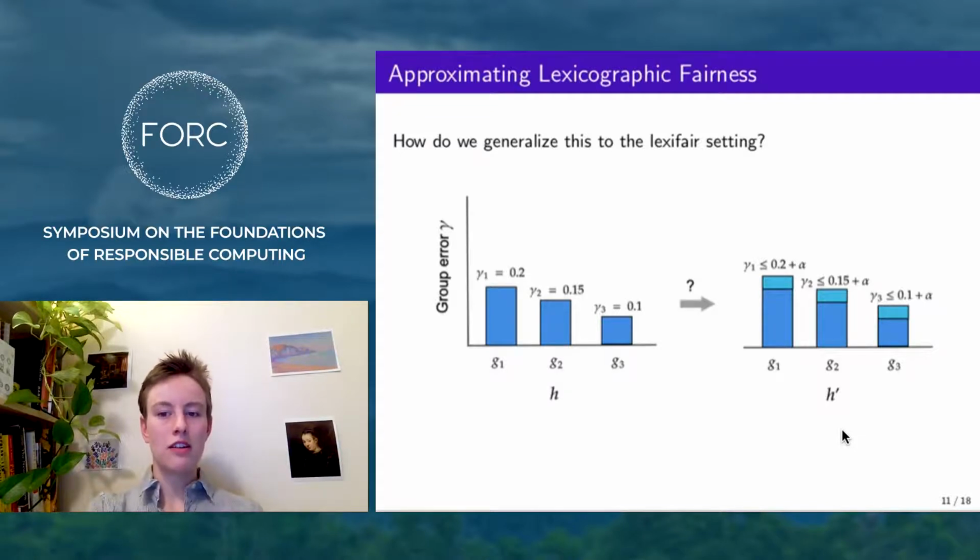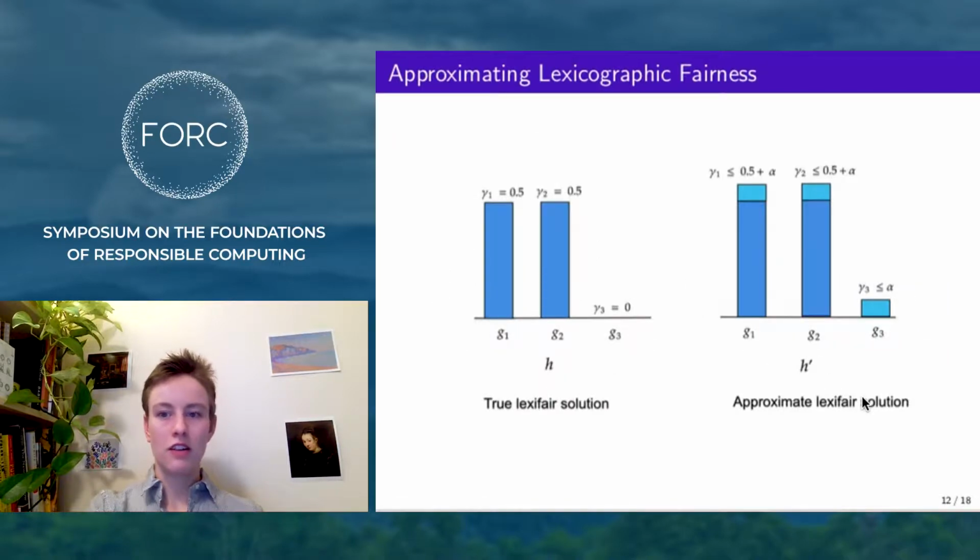To see why, consider what happens to the minimization of errors in the following case, where the true lexifair solution has 0.5 error on the first two groups and 0 on the third. Here, we'd like to find an approximate solution where the first two groups have error less than alpha above 0.5, and the third group has error less than alpha above 0.